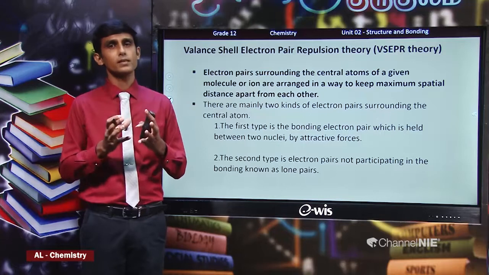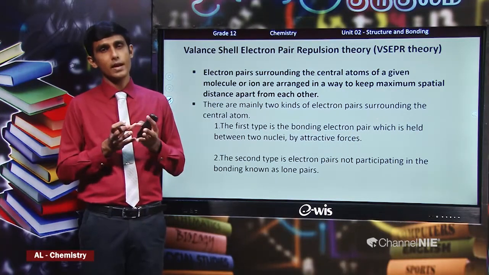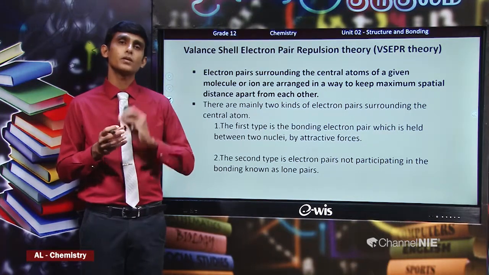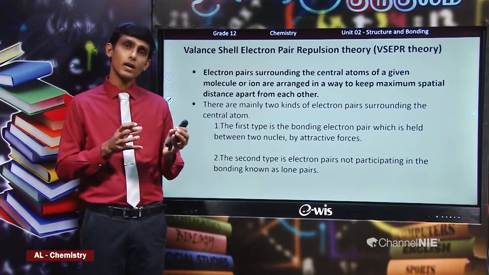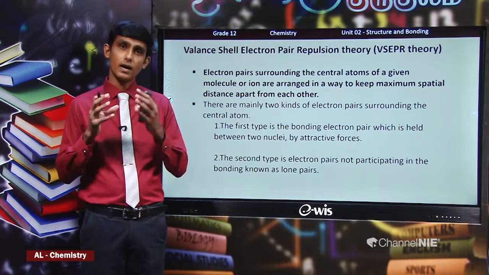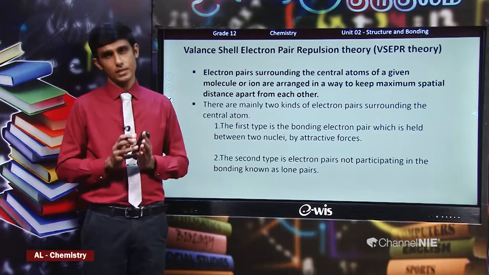This method was developed by a few scientists, and I am going to explain the basic idea, the most important parts of this method, and how the shapes of molecules and ions are predicted using it.